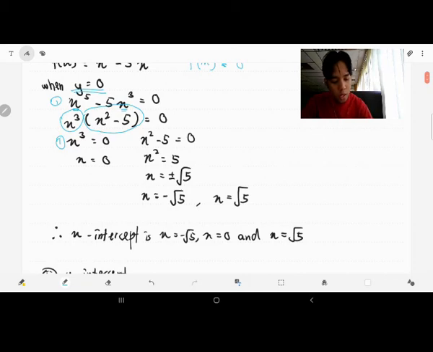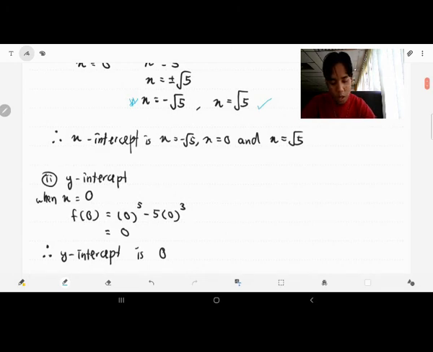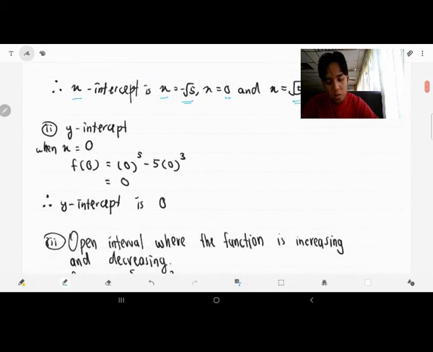So the first one we get x equal to 0, and x^2 equal to 5, so x is plus minus square root 5. So we get x equal to negative square root 5 and x equal to square root 5. Therefore the x-intercepts are x equal to negative square root 5, 0, and square root 5.